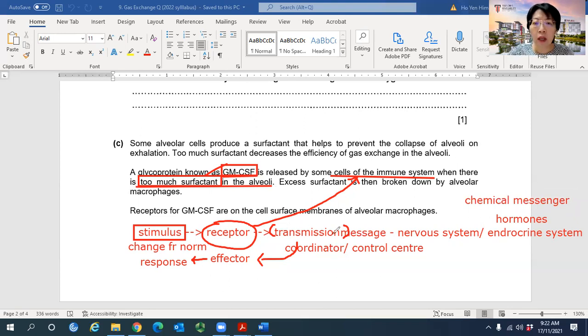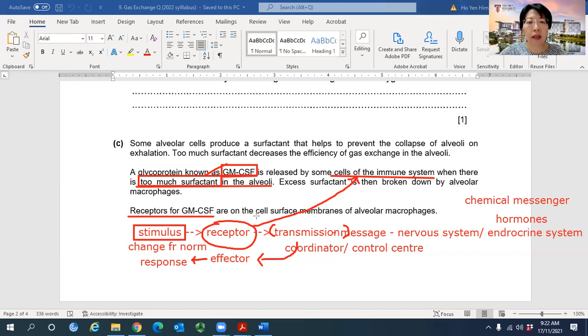So with this transmission, the effector is which cell? So the effector cell is the target cell of the message, the chemical messenger. So the chemical messenger will bind to the target cell. So the target cell must contain receptor for GM-CSF.